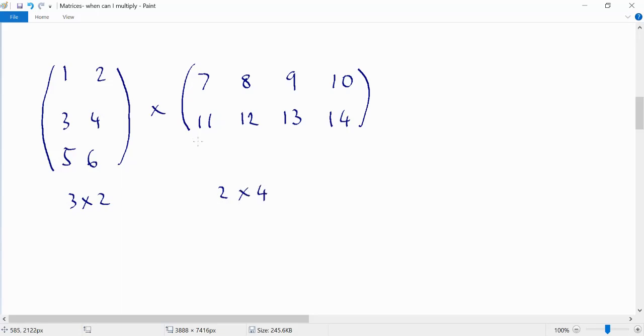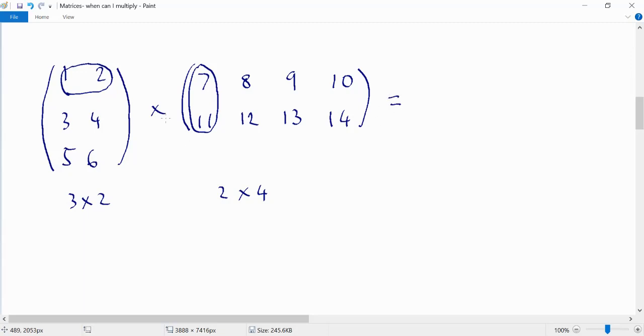When we're multiplying two matrices together, as we've already said, we're taking all the rows in the first matrix and multiplying them by every column in the second matrix. If we're doing that for every single row and every single column in both matrices, that also tells us the dimensions of the answer.